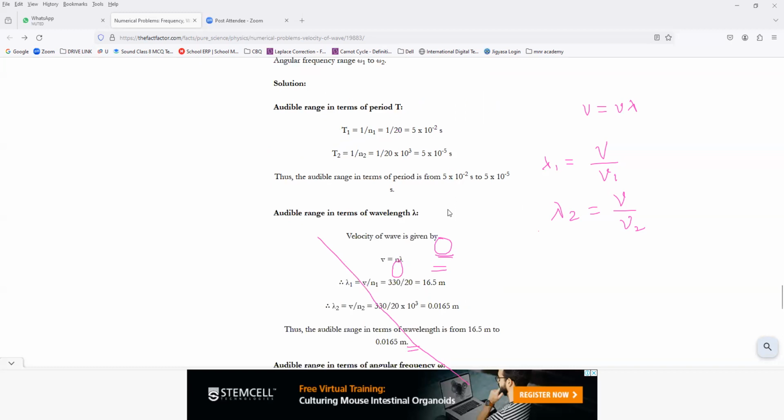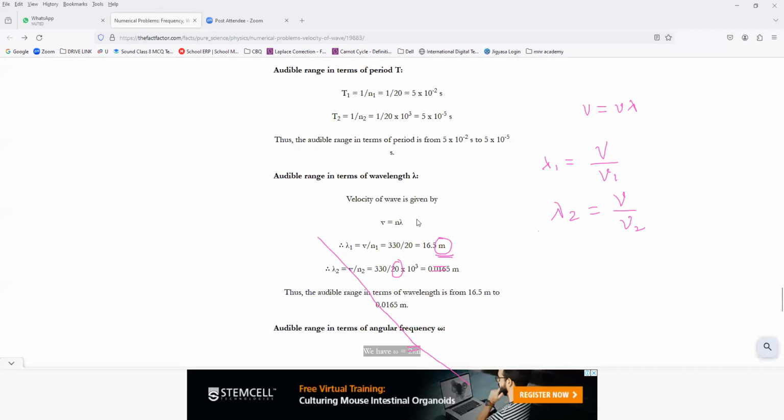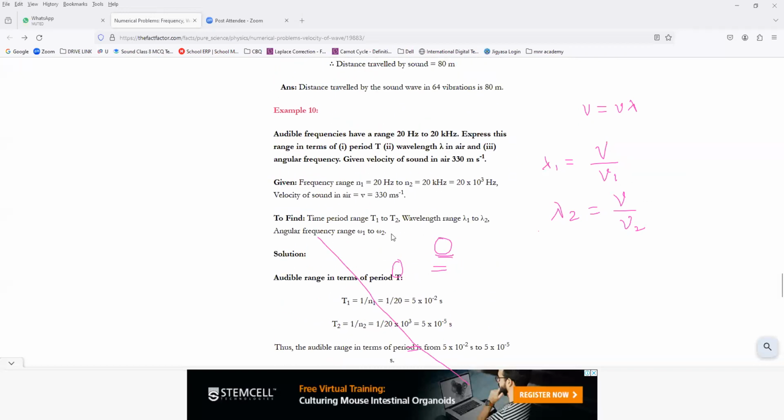The velocity in air is mentioned. Yesterday I taught you that the velocity in air is 340 meters per second, but here they have mentioned 330. Whatever data is given, you take it and do it. Clear?